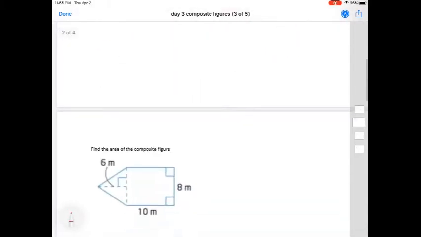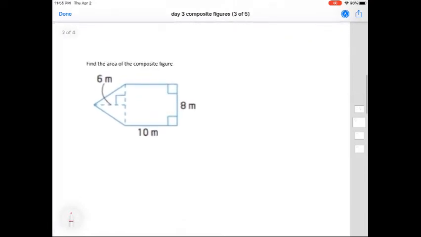So let's take a look at the first example down here. Here we have a composite figure made up of what looks to be a rectangle and a triangle. To find the area of this rectangle, remember, the area of a rectangle is just base times height, where here the base is equal to 10 and the height is equal to 8.